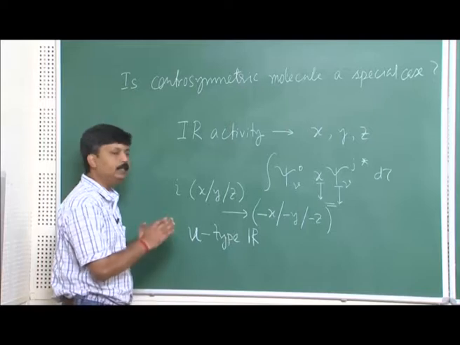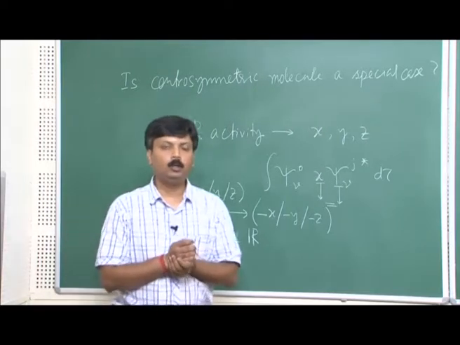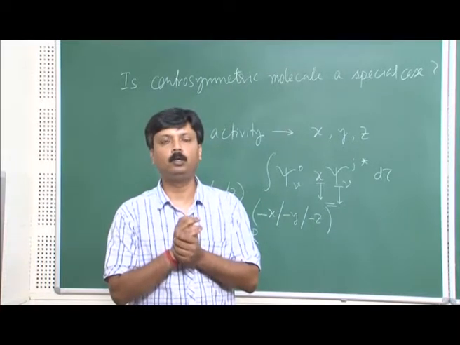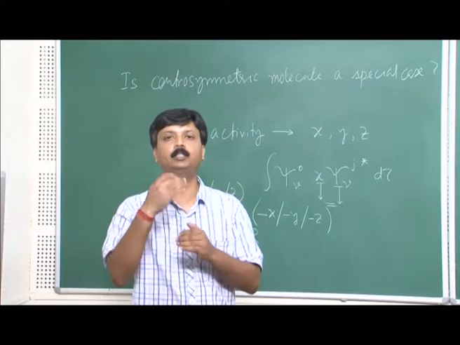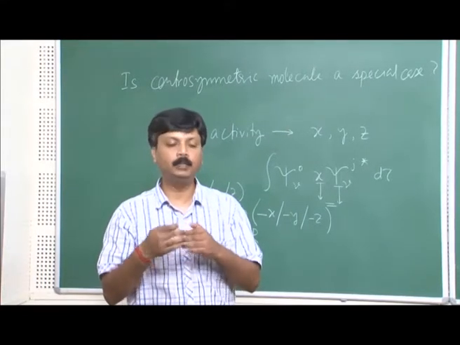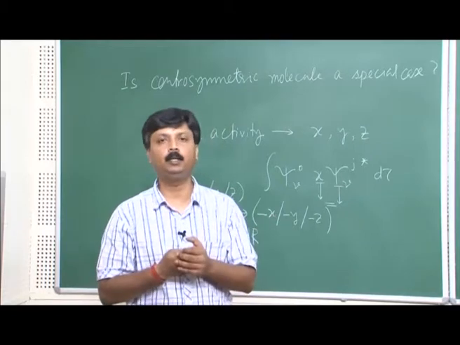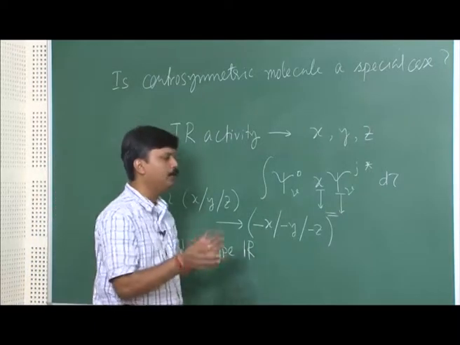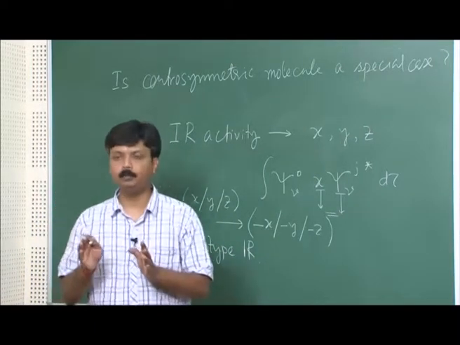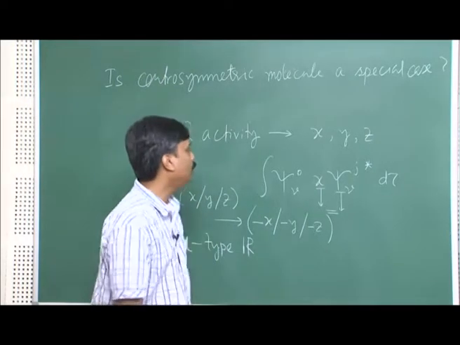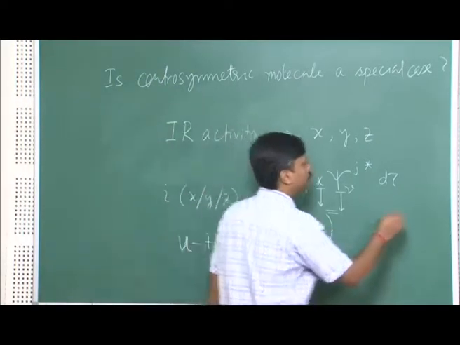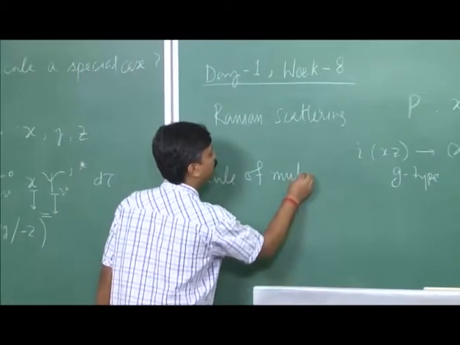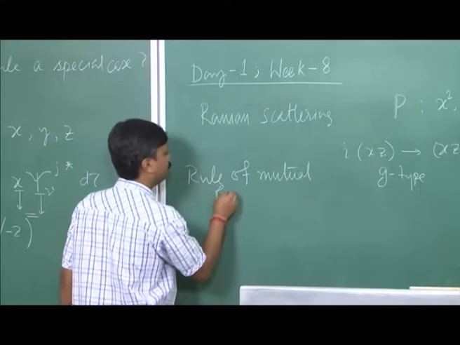So I can easily see that for a centrosymmetric molecule, no normal mode can have a transition which is possible to be seen both in IR spectroscopy as well as Raman spectroscopy. This is kind of an exclusion, right. This is called the rule of mutual exclusion.